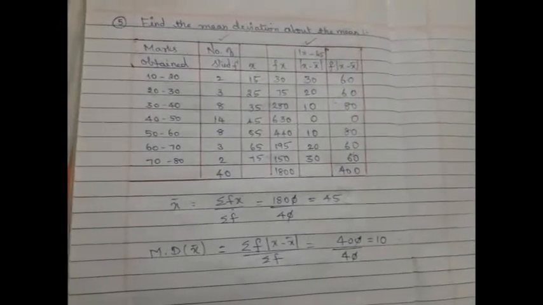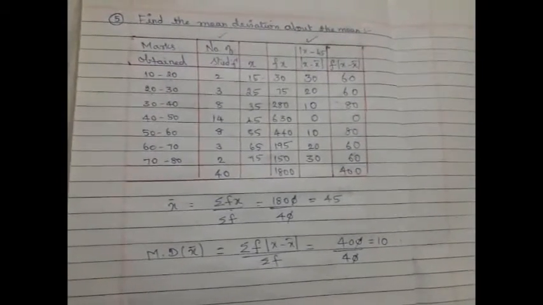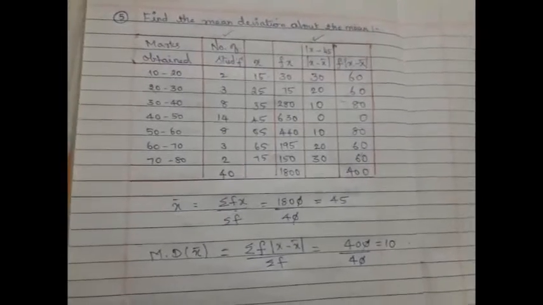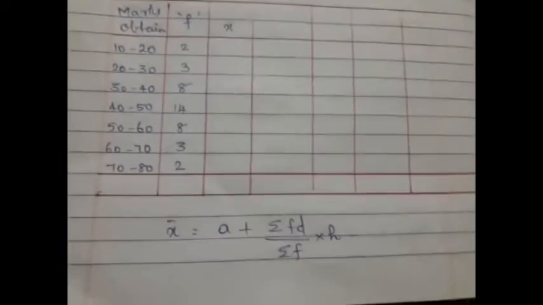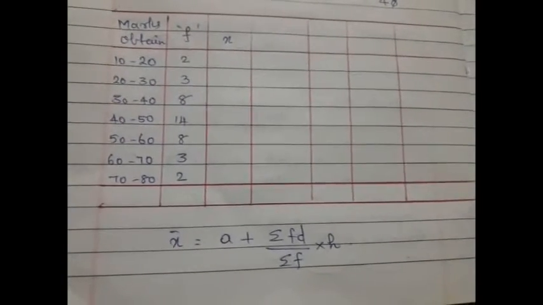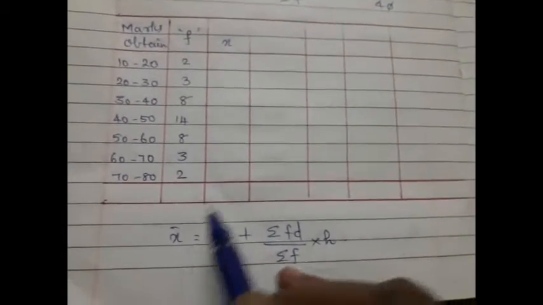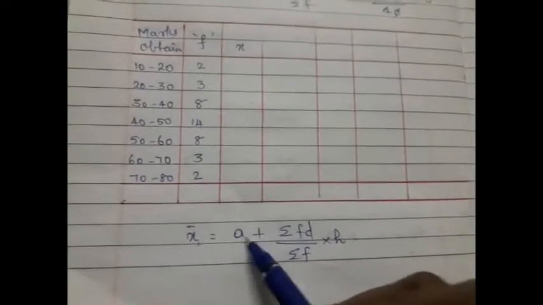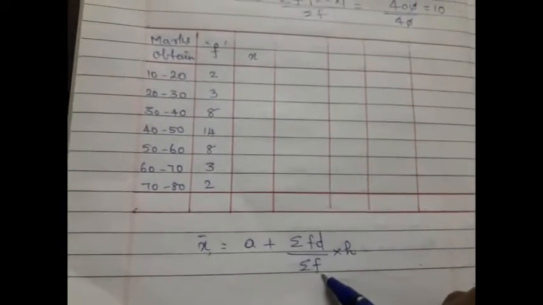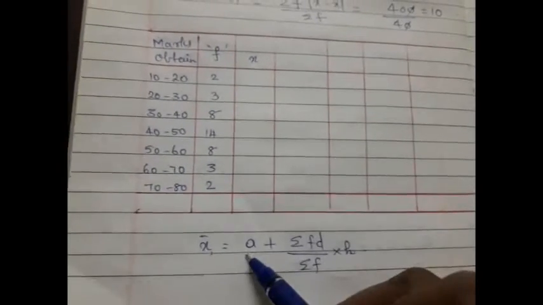Hope you all understood. Now let me show you how to solve the same problem using the shortcut method, right? Hope you remember this formula we have learnt in our lower classes. How to find mean: a plus summation fd divided by summation f, into h. What is this a?